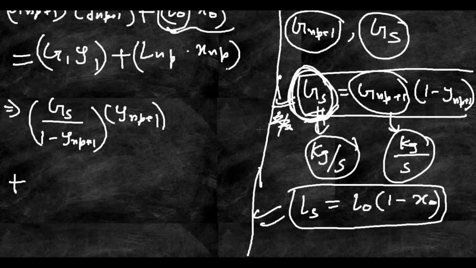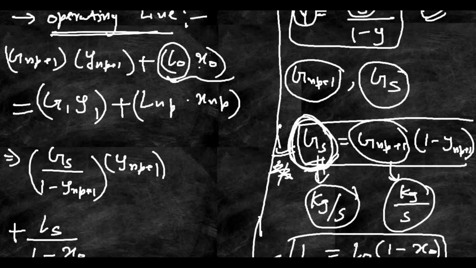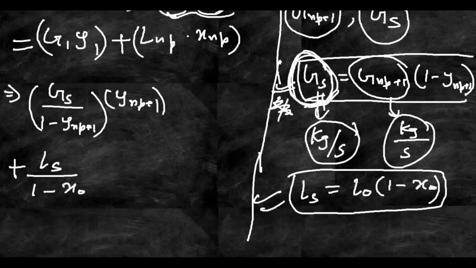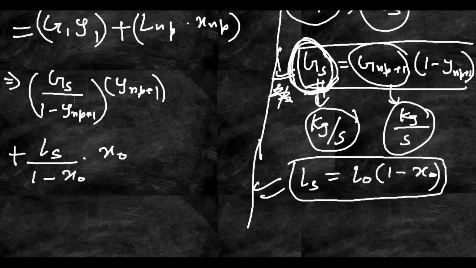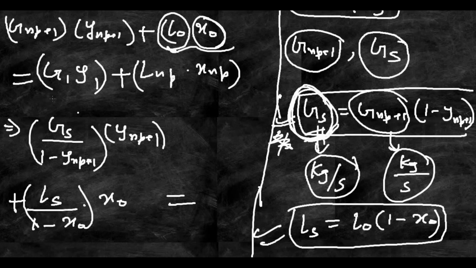So what will I do with L0 x0? This L0 can be written as Ls by 1 minus x0, times the x0 which I have to multiply. So this is on the left hand side of the equation. This entire thing will be equal to G1 y1.